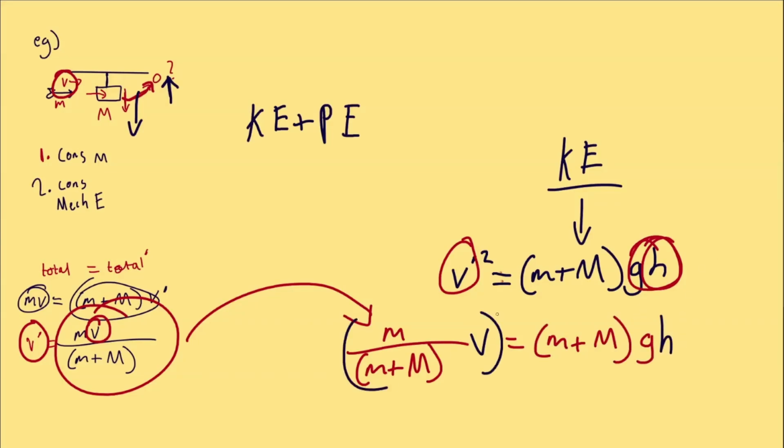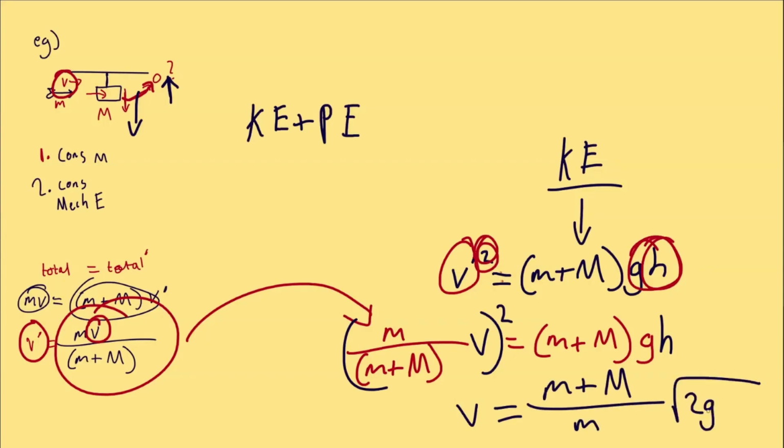And remember, this value is squared, because of that. So if we go ahead and rearrange this equation for initial velocity, we get velocity equals mass plus big mass over small mass multiplied by 2gh. There we go. We've gone and related initial velocity to maximum height.